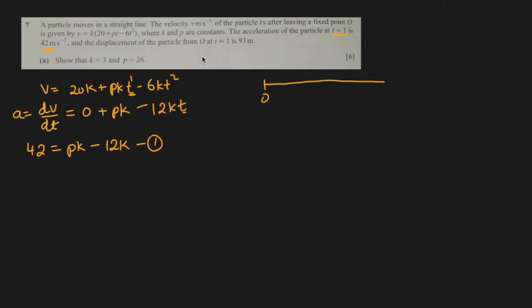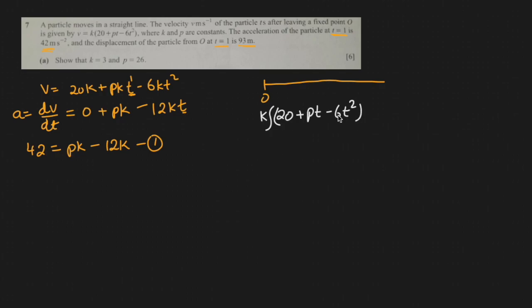Second, the displacement of the particle at t equal to 1 is 93 meters. So we will integrate the expression for velocity to get displacement. Let's put k outside: 20 plus pt minus 6t square.